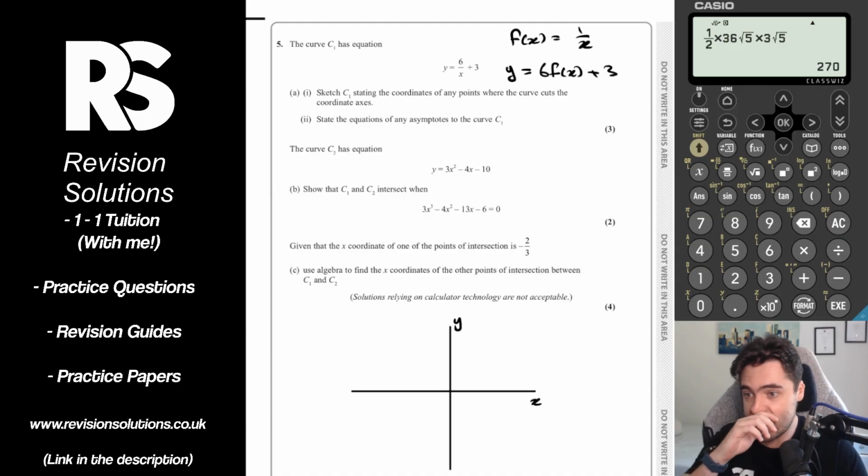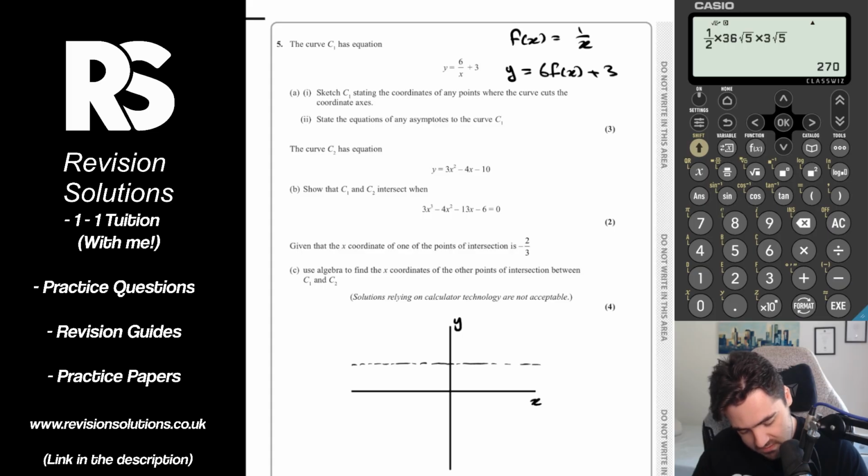Let's think about the asymptotes first. Normally the asymptotes are just along the axes, but the horizontal one, normally y equals 0, is shifted up by 3. First multiplied by 6, but that doesn't do anything, and then shifted up by 3. So that would be up here, at y equals 3.